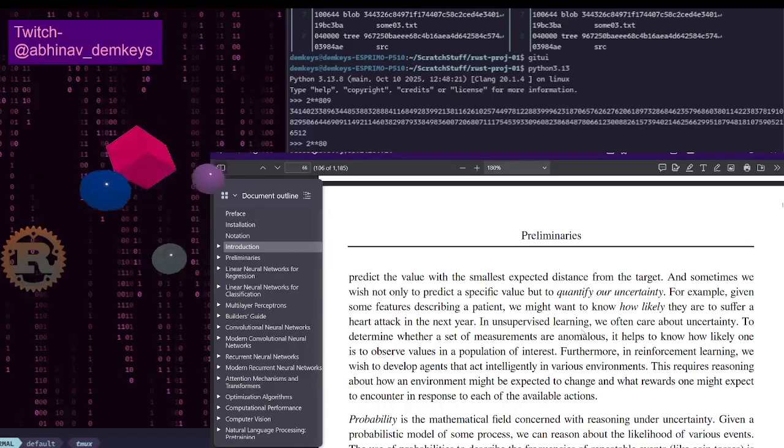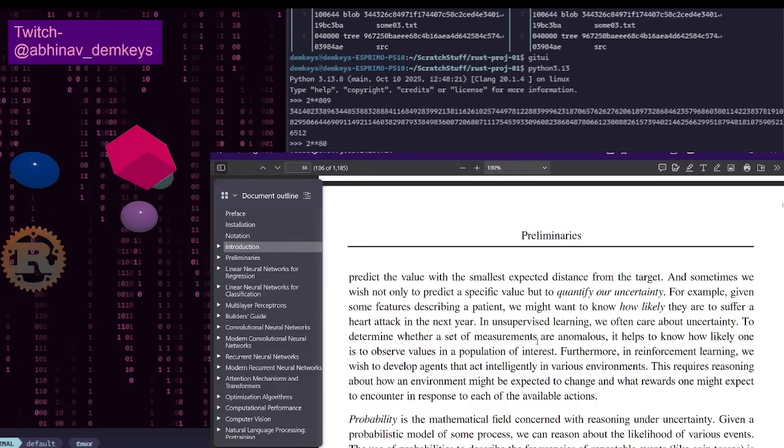In unsupervised learning, we often care about uncertainty to determine whether a set of measurements is anomalous. It helps to know how likely one is to observe values in a population of interest.